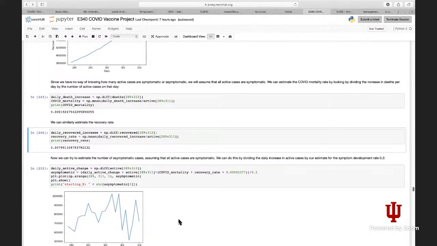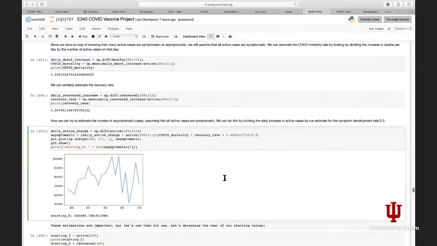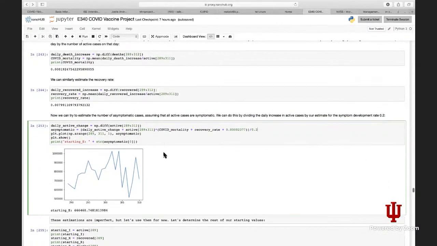So I try to add those back in, add those back into what the number of active cases would be, and then divide that by what I estimated the symptom development rate to be based on a 5-day incubation period, 0.2. And we end up with this graph for the number of asymptomatic cases over time.